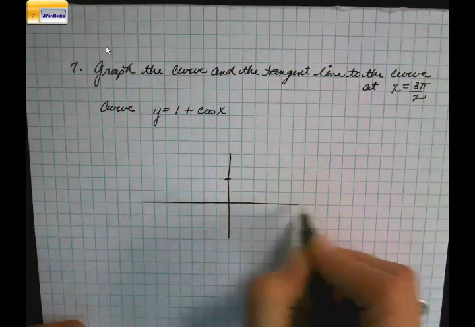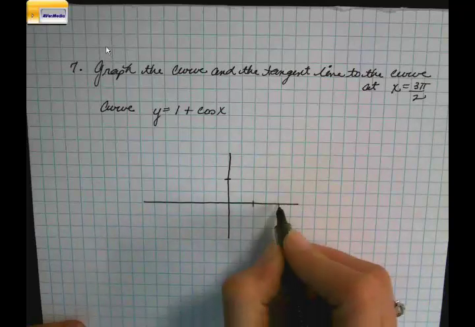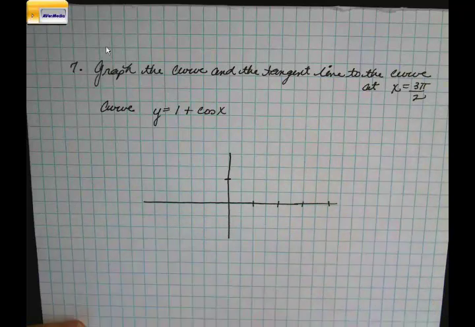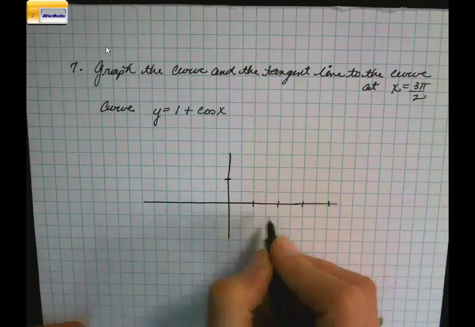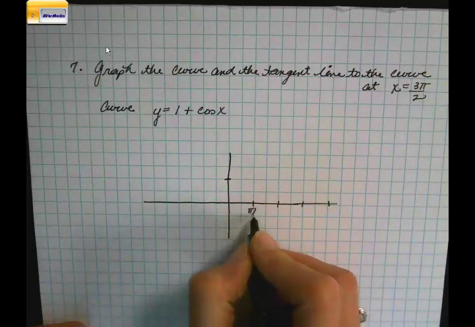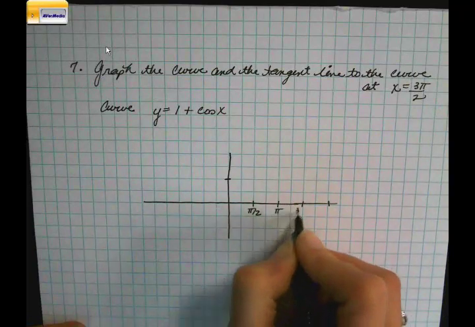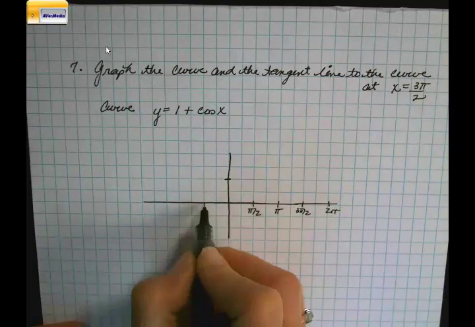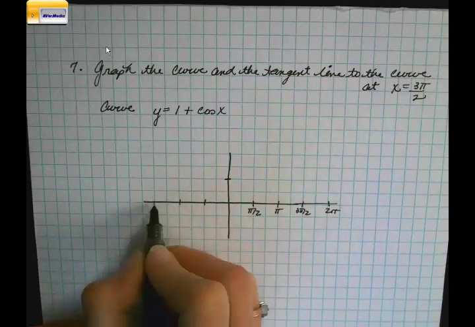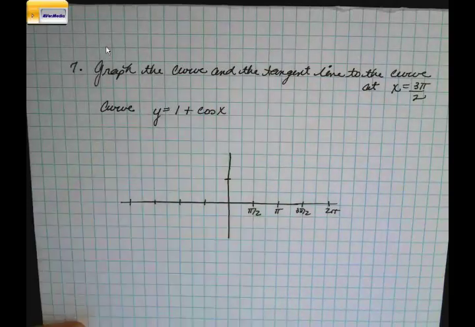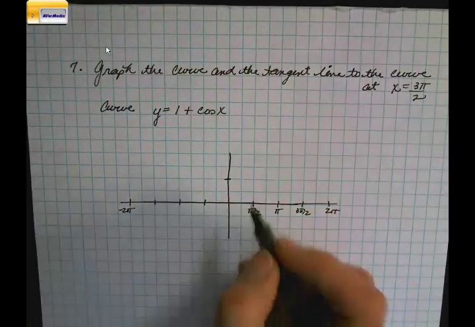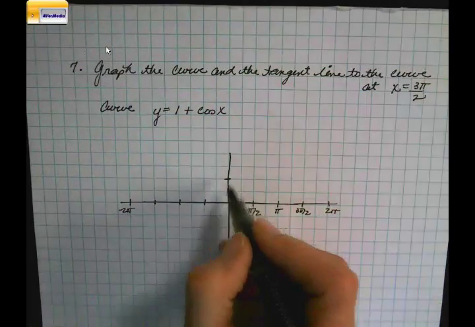So how big do I want to go with this? Pi halves, pi, 3 pi halves, 2 pi, and I guess we should go in reverse just like that. Okay, so remember, this is the cosine curve up 1 unit because of the 1 plus it.